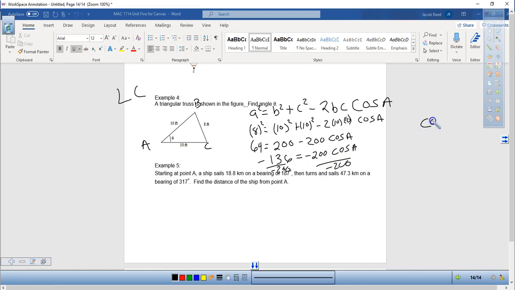I get cosine of A has to equal 0.68. And we do the cosine inverse. So measure of angle A is 47.16 degrees.